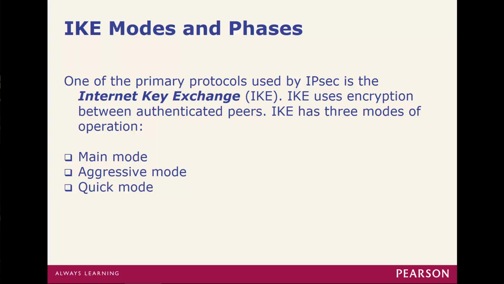So IKE will have 3 modes: main mode, aggressive mode, and quick mode, as well as 2 phases. Essentially, you set up your tunnel from point A to point B. How often do you want to check if that tunnel is going to be up? If we're dealing with aggressive mode, it's going to check very aggressively, very regularly.